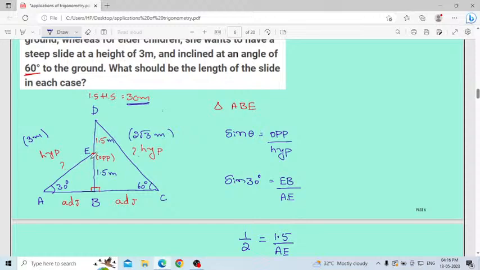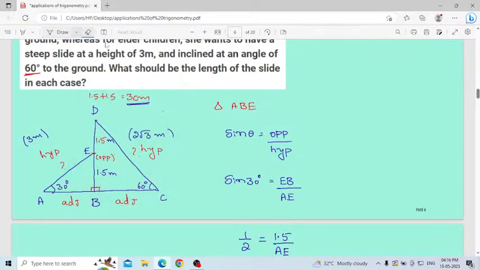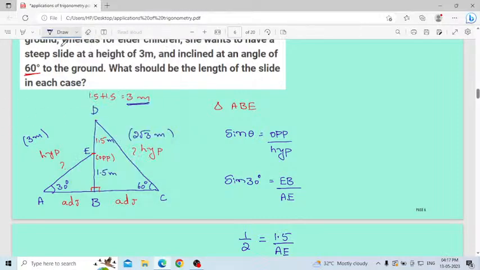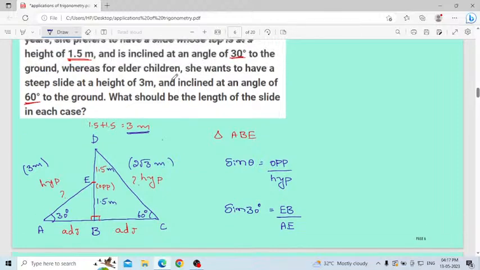Oh sorry, this is not the height, opposite. Then the bigger one is 3 meter. 3 meter, not in centimeter, it will be in meter only. They are given in the question in meter only, don't consider centimeter.